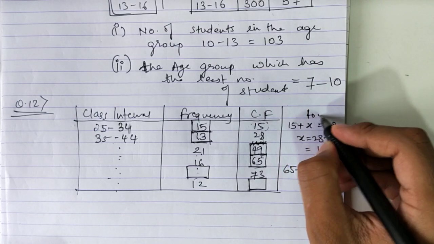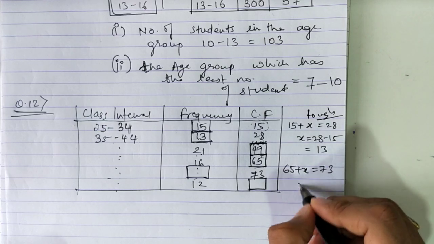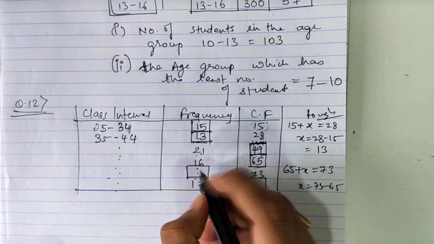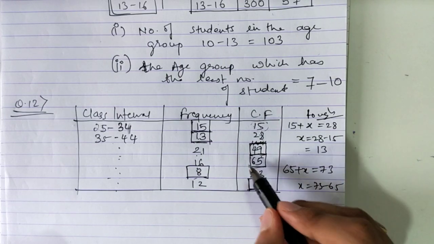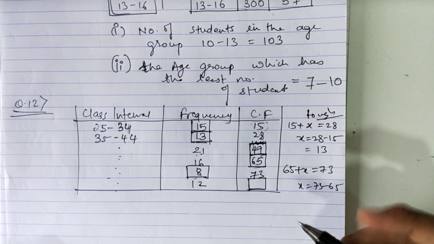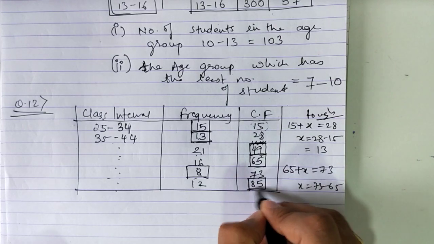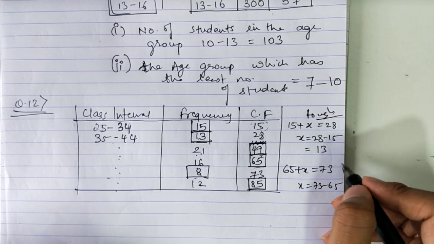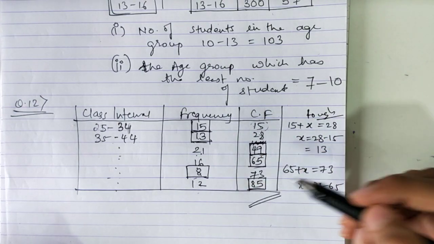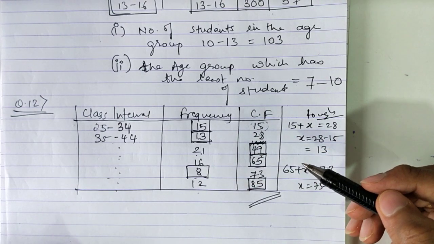This is rough work. So x is 73 minus 65, that is 8. So 65 plus 8 will give me 73. 73 plus 12 will give me 85. I have completed all the missing values.